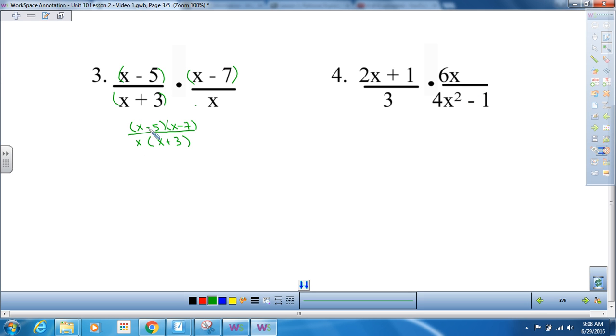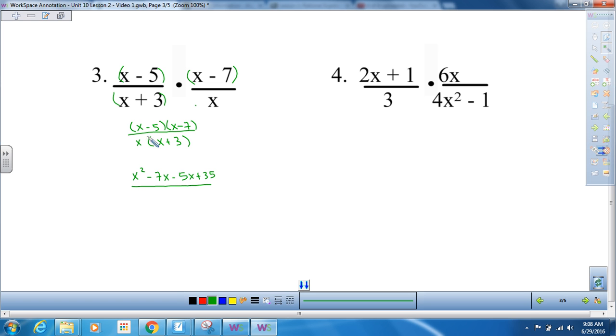And then what we can do is multiply these out. So we can use FOIL on top. x times x is x squared. My outer, x times negative 7 is negative 7x. The inner, negative 5 times x is negative 5x. And the last, negative 5 times negative 7 is positive 35.